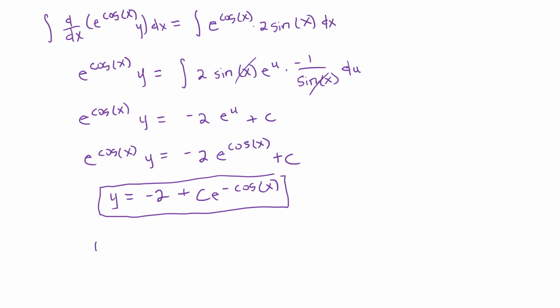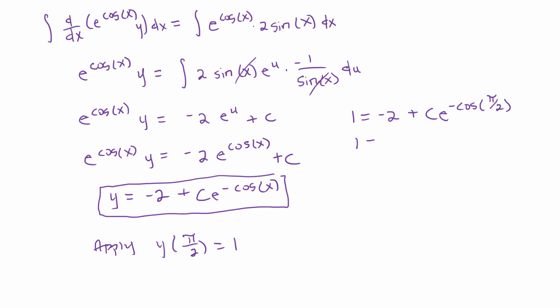So now I can apply my initial condition of y of pi over 2 equals 1. Okay? So when I do that, I'm going to substitute that into my general solution. So I get 1 equals negative 2 plus c e to the negative cosine of pi over 2.